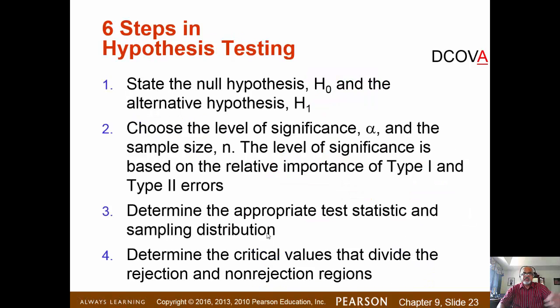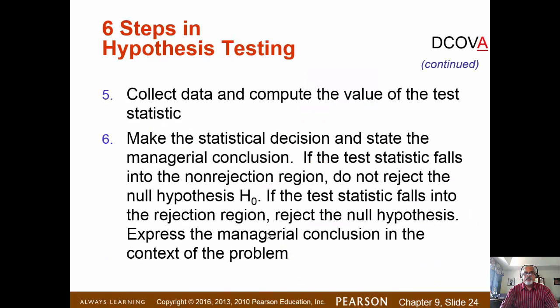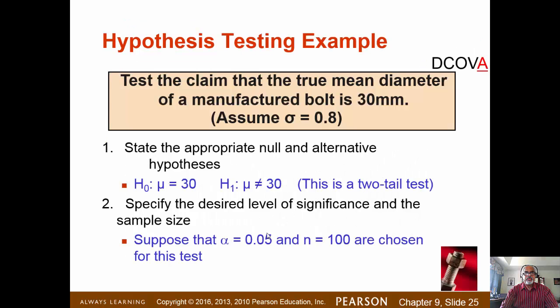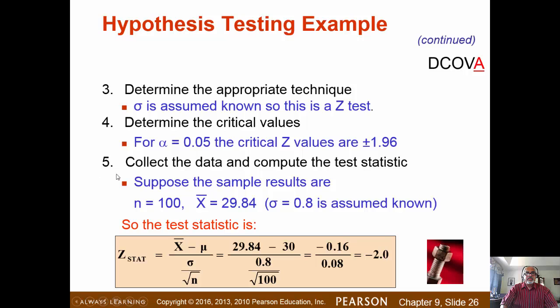Okay, and here are the steps that you can use for the critical value approach. Suppose that alpha is 0.05, n is 100 for this test, and sigma is assumed to be known. So n is 100, x bar is 29.84, sigma is 0.8 given, then you plug in the values and you get a z stat of minus 2.